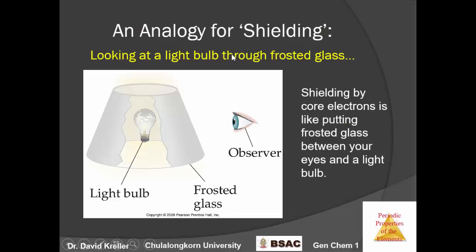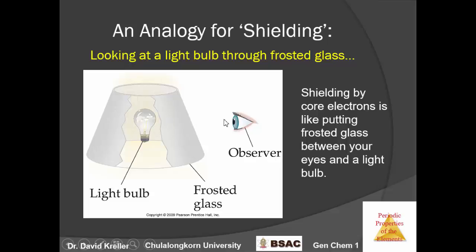It's a really beautiful analogy for shielding. Analogies are great sometimes, but we can't take them too far, take them too literally. But sometimes they're very useful. This is a useful analogy. Imagine you have a light bulb which is giving off radiation, and the radiation given off by the light bulb is observed by this observer, this eyeball.